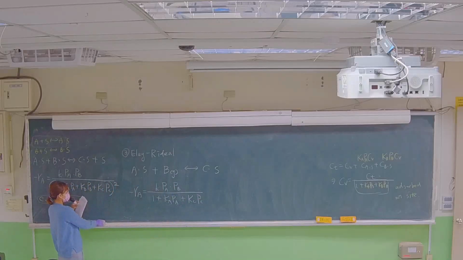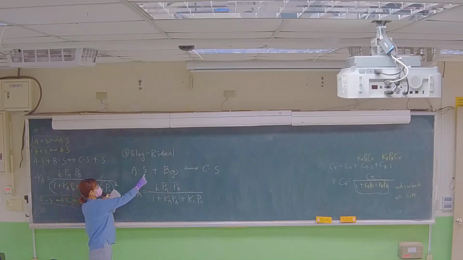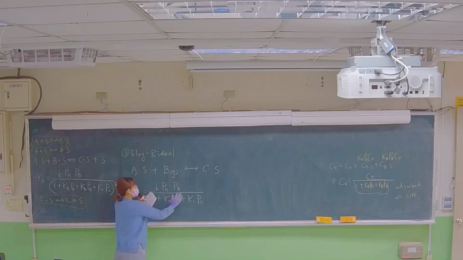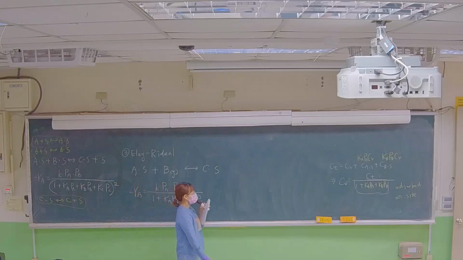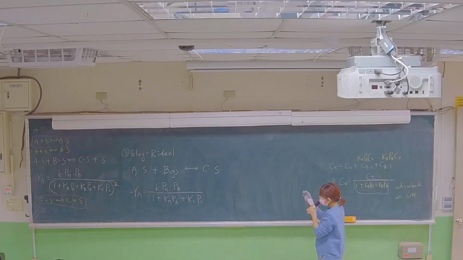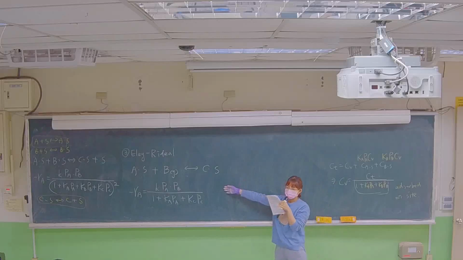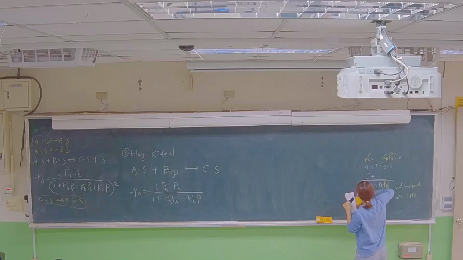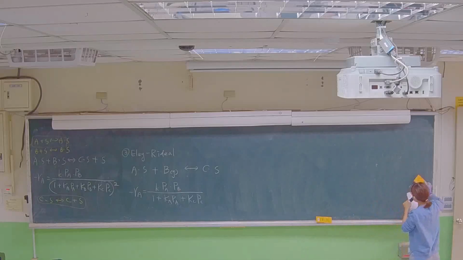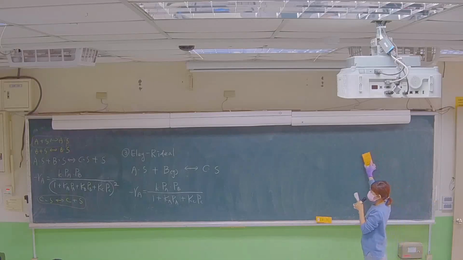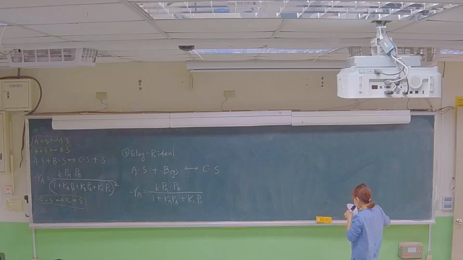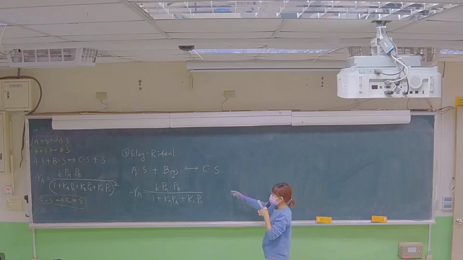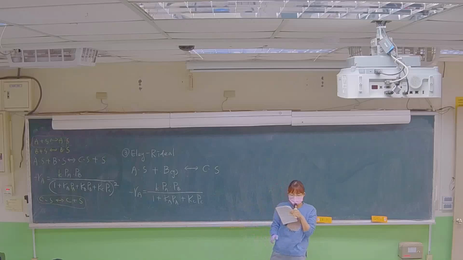And that is a single site reaction, so you don't have to put a square here. You can also practice this part. We have several problems relating to this derivation of rate law in your final exam, so please be familiar with the process.